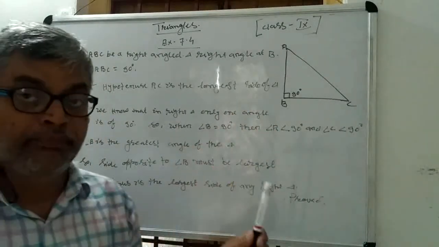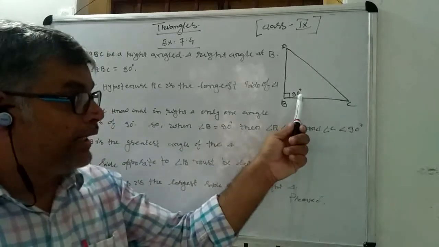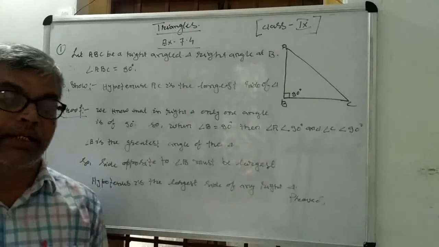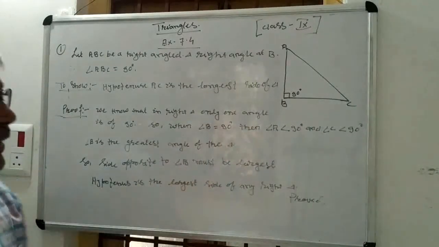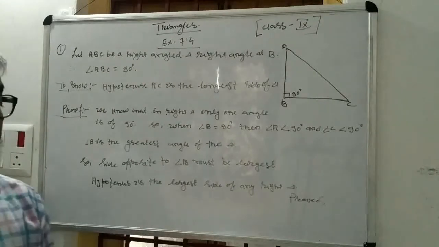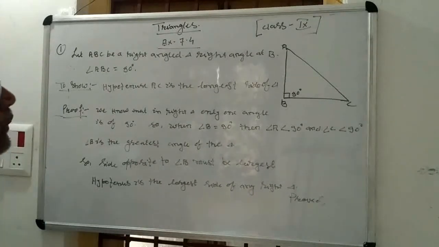We know that the side opposite to the right angle is called the hypotenuse. So the hypotenuse is the largest side of any right triangle. In this way this question has been completed.